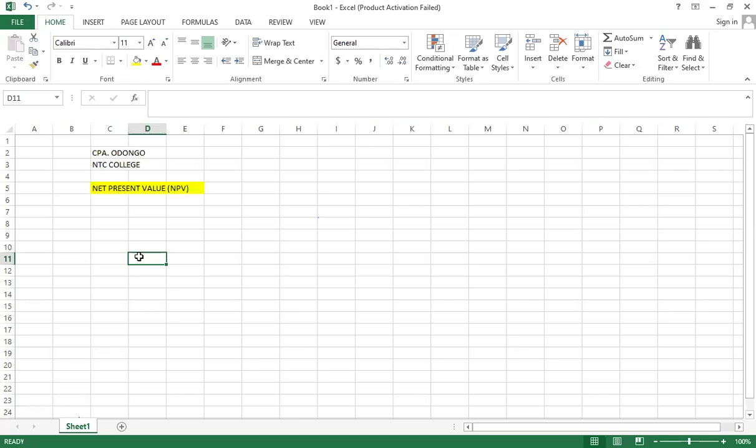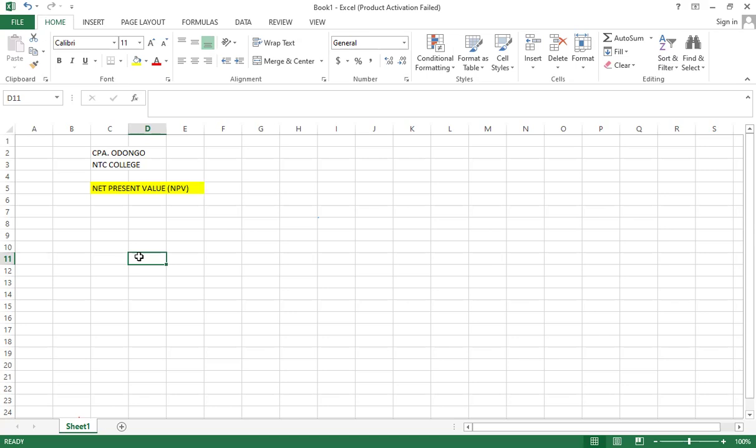So somebody, very briefly, when we talk about the net present value, what do we mean? Just as a reminder, the net present value, amongst other criteria, is a criterion that we use to evaluate future projects.